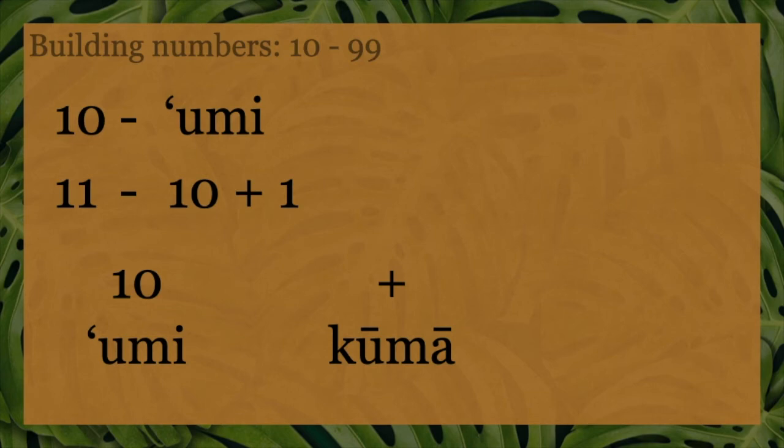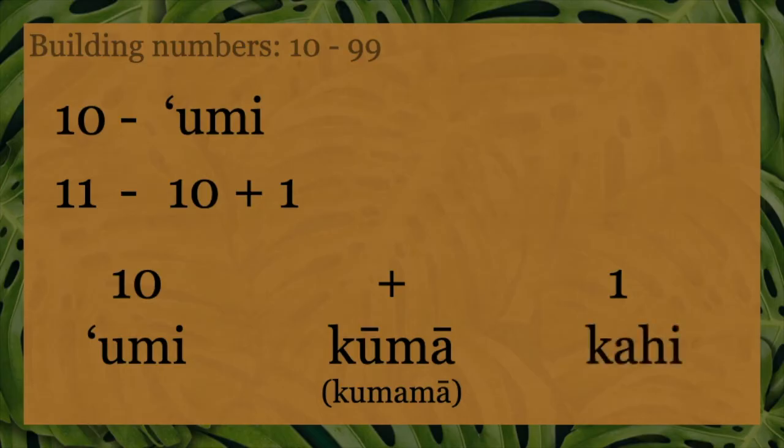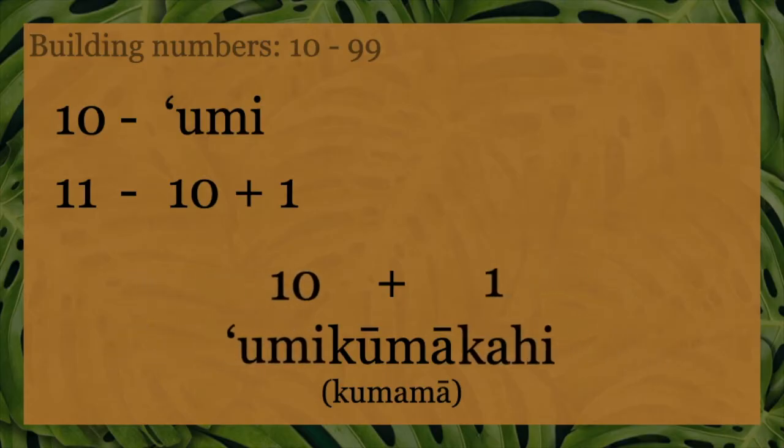Or in some older texts you might see kumama. But nowadays, more likely you're going to hear kuma. And then we'll use our base form for 1. Do you remember what that is? Kahi. So putting it all together, umi kuma kahi, or umi kuma ma kahi.